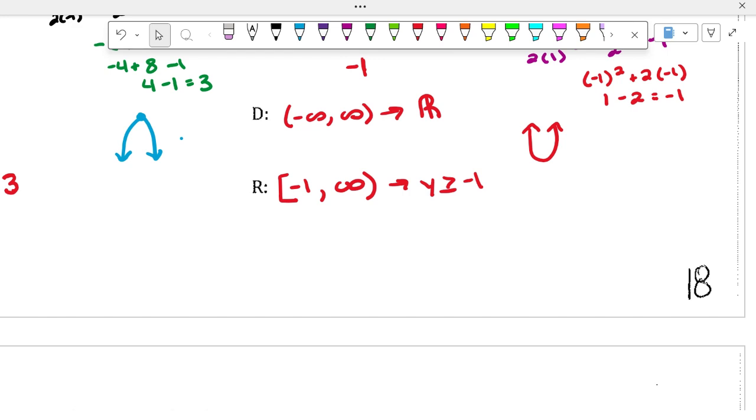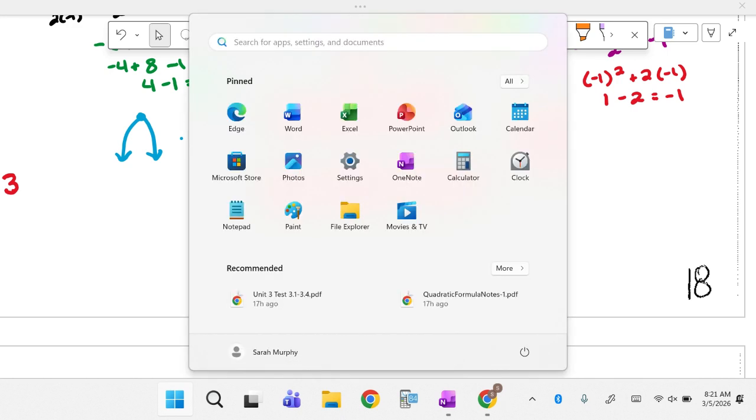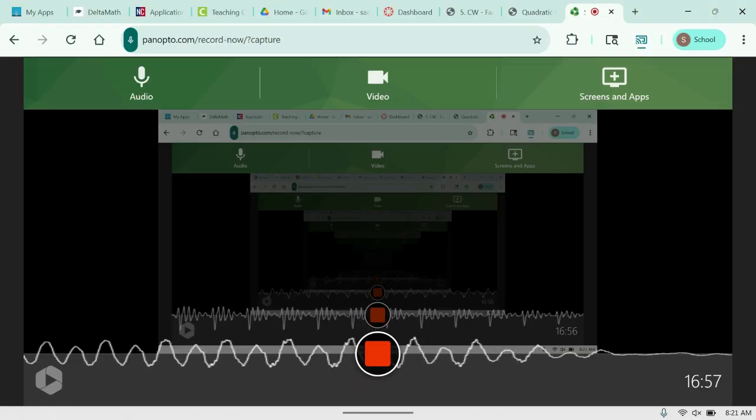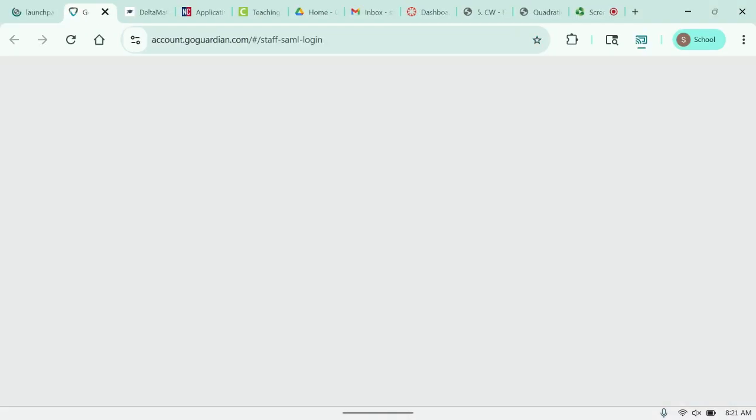All right, so today is going to be a lot of Desmos. So I need you guys to go ahead and take out your Chromebooks and get on to Desmos. All right, you're going to need it for today's lesson. And I'll enact the Go Guardian, so that should automatically open up Desmos for you.